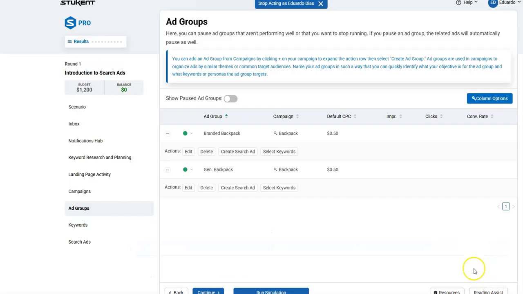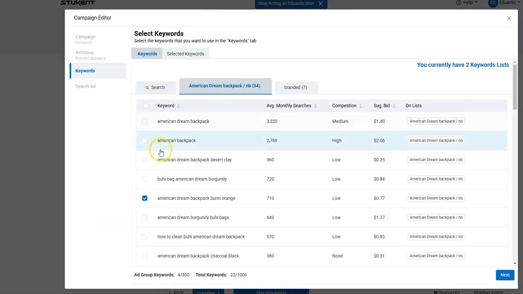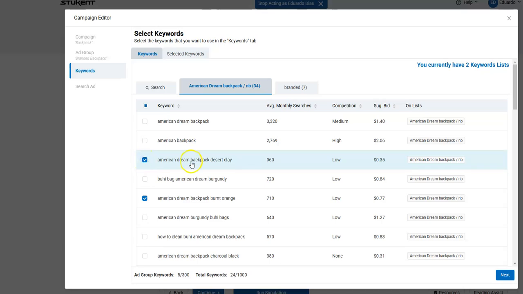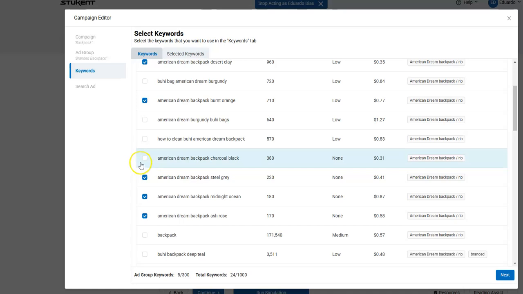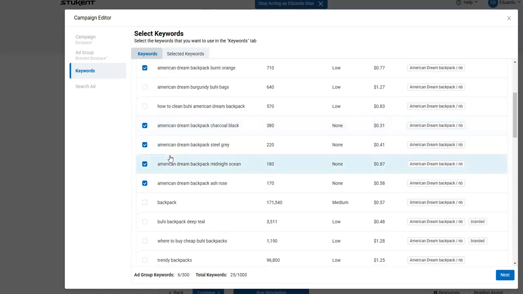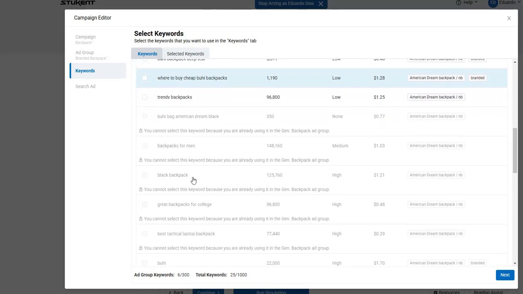Click save. And before I forget, I wanted to move those keywords back in here. American Dream Backpack Desert Clay, great. Charcoal. I would definitely try to include the backpack one into the branded one as well.